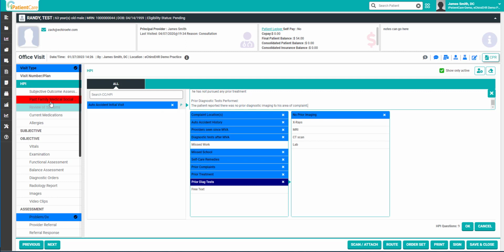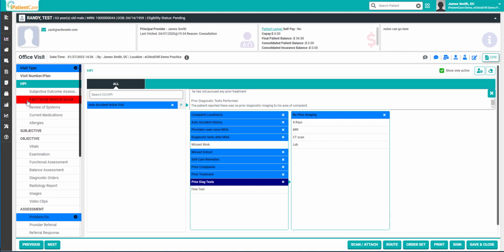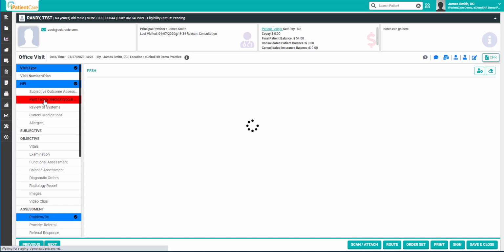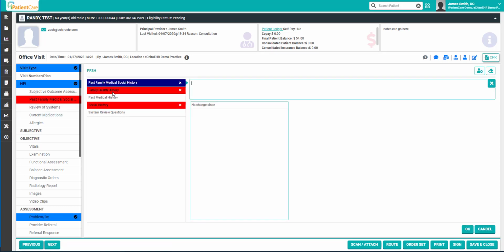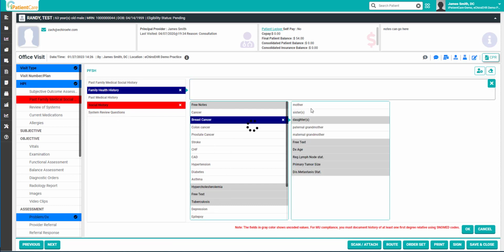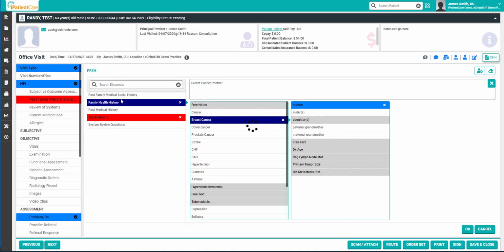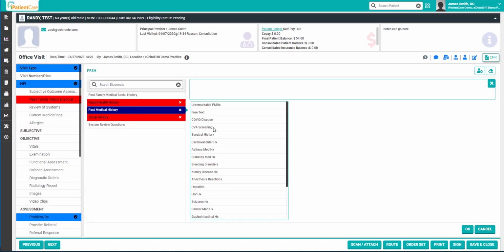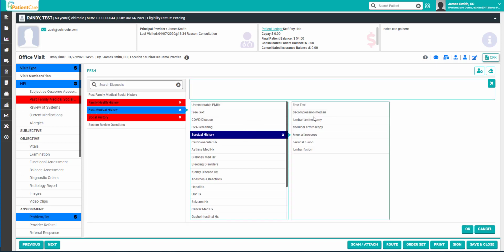Likewise, documenting the past family medical social history, simply selecting that section opens up the family history, and this is where you can document any family history that is notable, any past medical history of the patient. Maybe they have a surgical history of shoulder surgery and knee surgery, or whatever the details are of that.